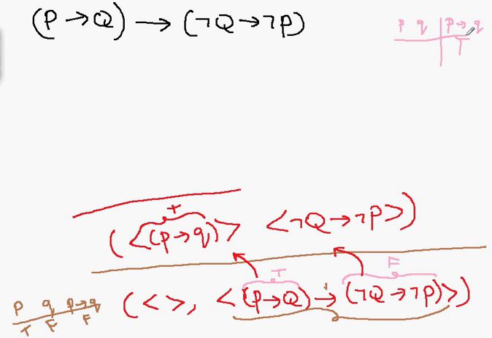P implies Q is true when Q is true or when P is false, whatever the other side is, this will return true. When P is false, I will consider that part first.